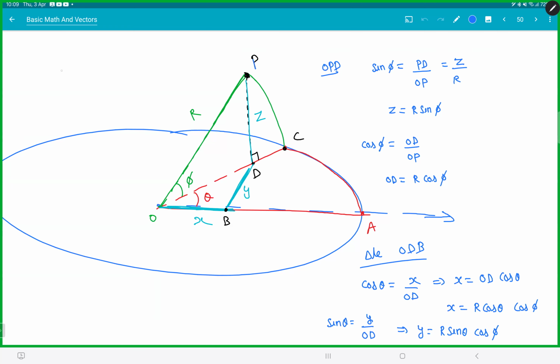So can you tell me the coordinates of this thing? If I give you something like 10, 53, 37, what are the coordinates of this x, y, z? Just do it roughly and tell me.